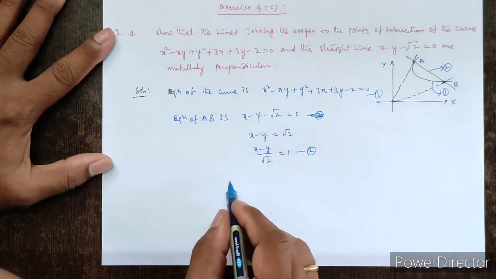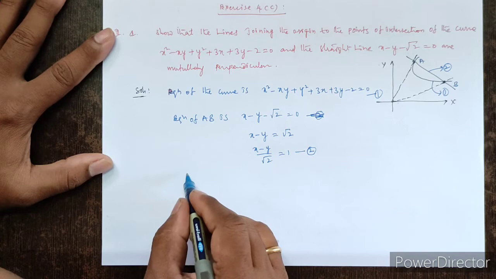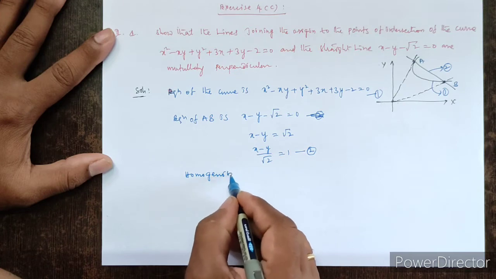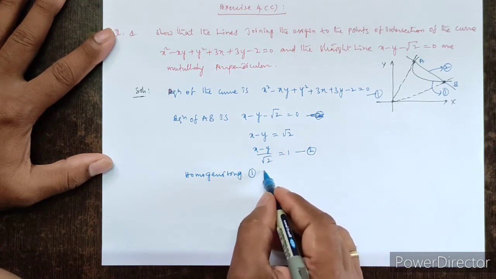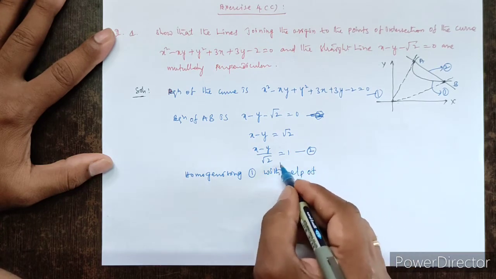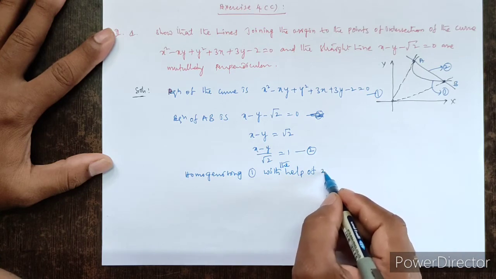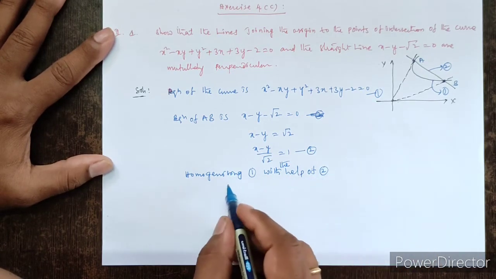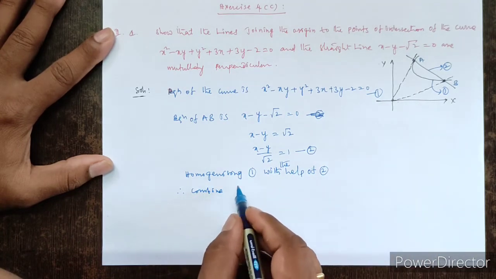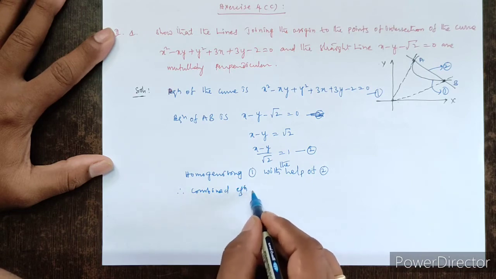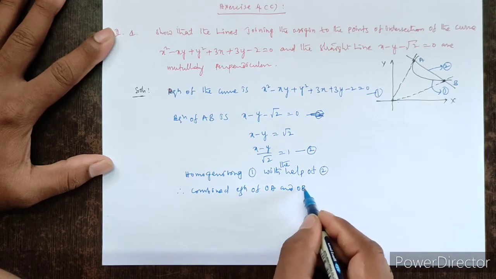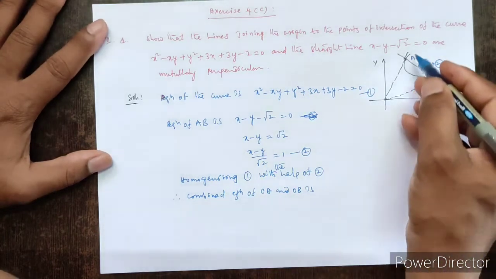Now we are homogenizing equation 1 with the help of the straight line, that is nothing but 2. Therefore we will get the combined equation of OA and OB.